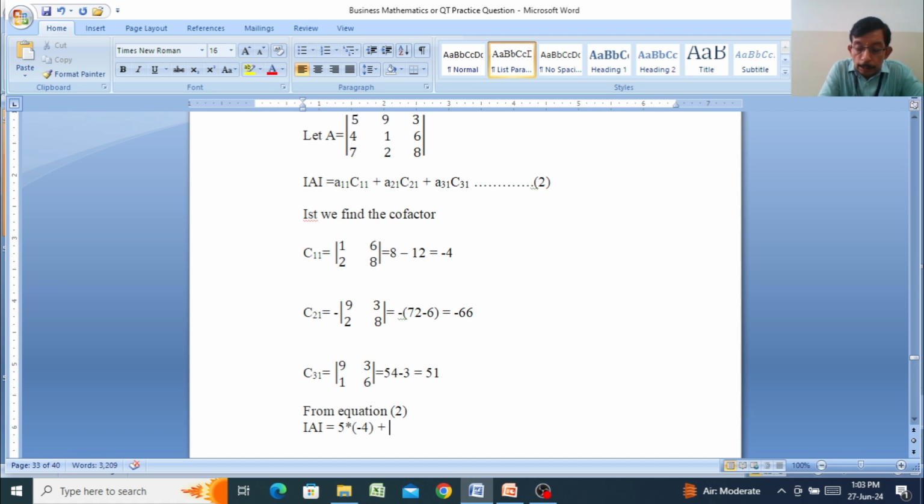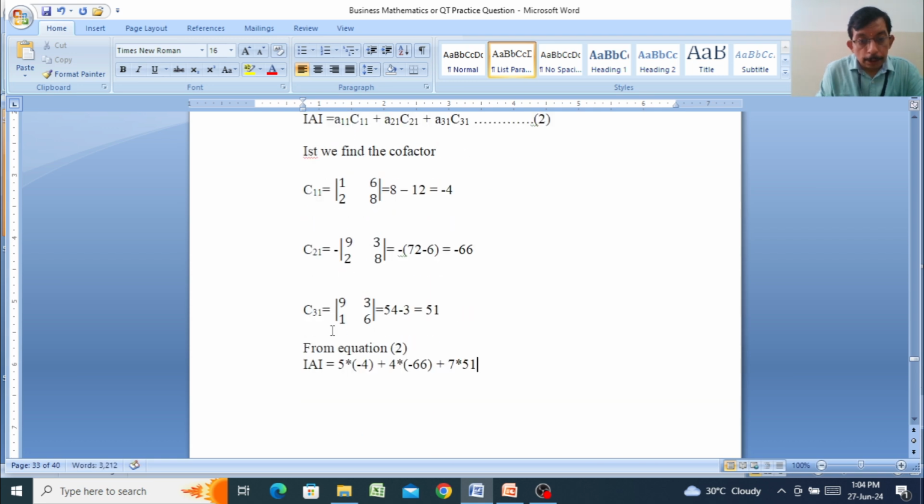A21 is 4 multiplied by C21, which is minus 66, plus the last element of the first column, A31, is 7 multiplied by the corresponding cofactor, which is 51. Now simplify in the next step.